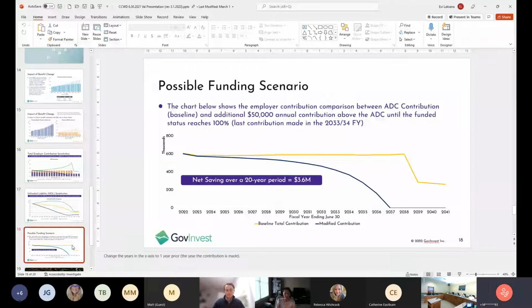Because everything that you put into the trust will earn investment income, a 50,000 annual contribution until you reach 100% funded in the first few years will save you about 3.6 million over a 20-year period. So depending on whether you do have the capital to do this or not, you can consider doing just sporadic additional contribution on top of the ADC.